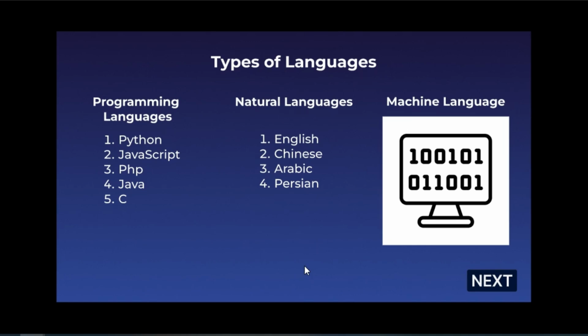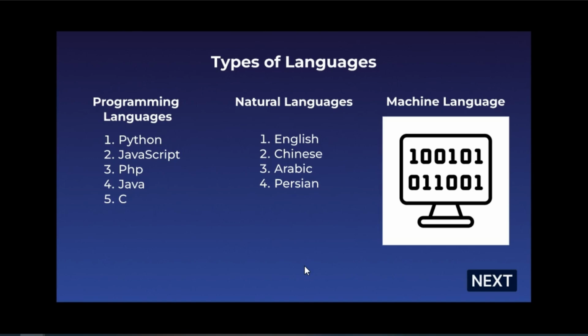When we talk about languages, we know how people communicate with each other, and they use a certain language to talk to each other, to write emails, or to read a book. All of that comes under the category of natural languages.